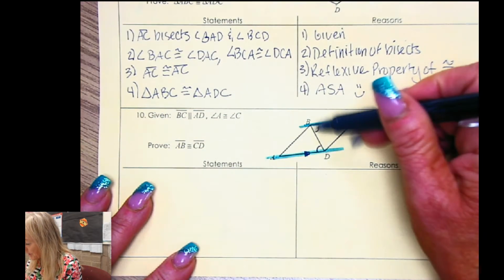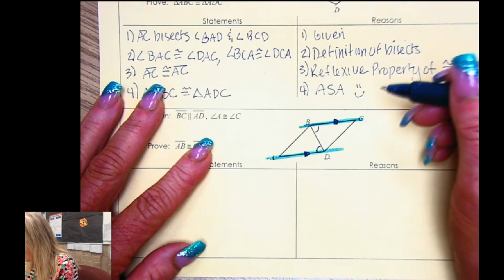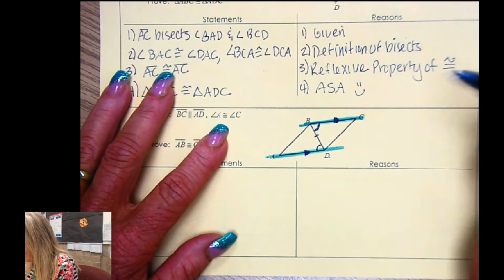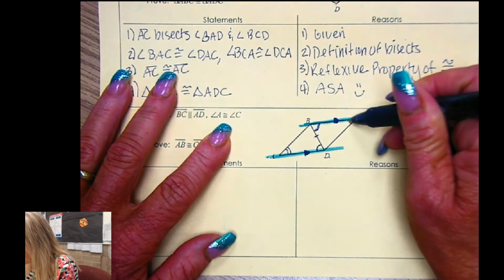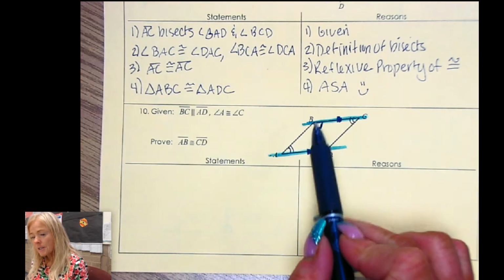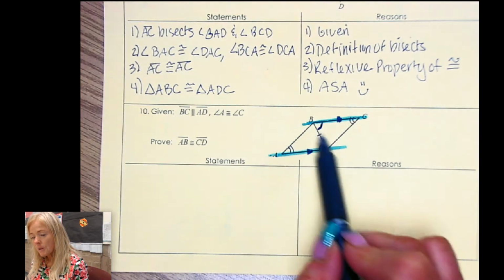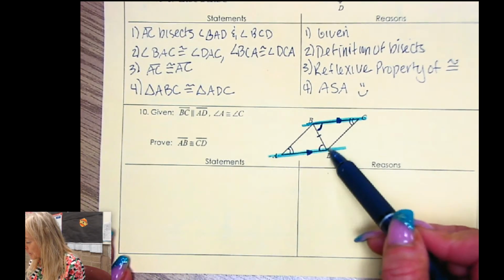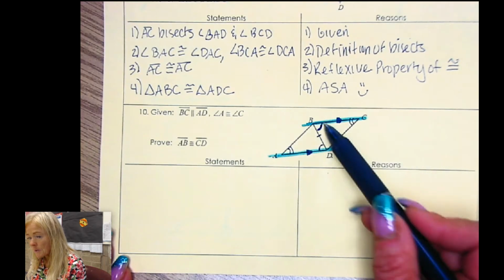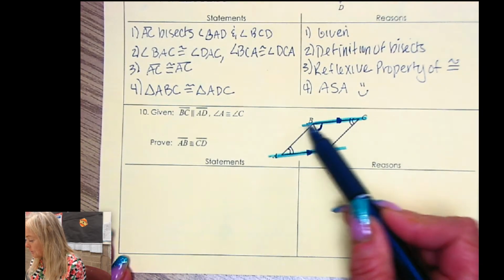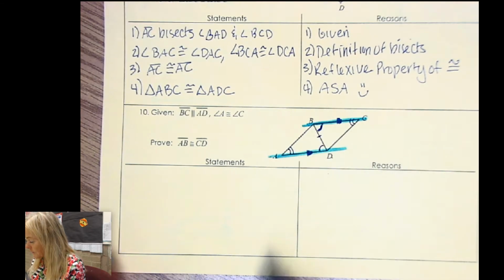We also know that this side is reflexive and congruent to itself, and we know that angle A is congruent to angle C. So that's how you would mark that up. Now, I couldn't state these two angles are congruent by the alternate interior angles because this and this have been obstructed by another line. So only these two angles are not obstructed by another line. They're just between the parallel line and the transversal.